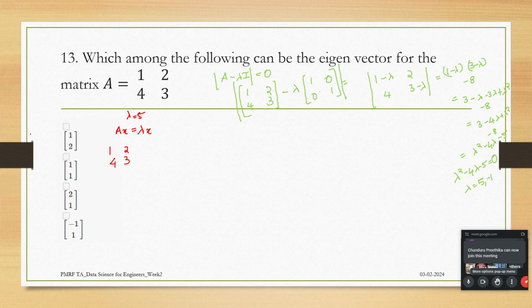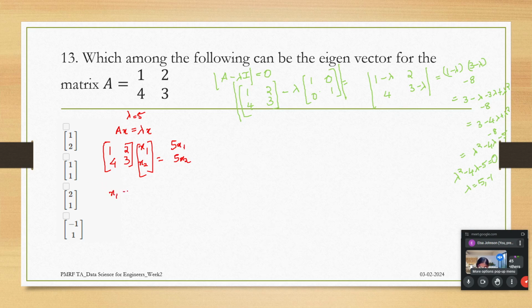A is right now 1, 2, 4, 3, and x I can give like x1 and x2, and lambda value is 5, so it will be like 5x1 and 5x2. Then we have to solve this equation.